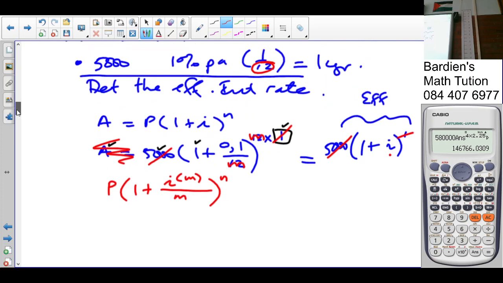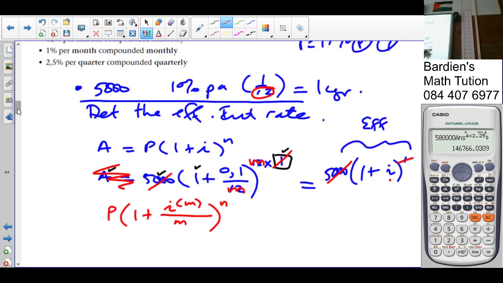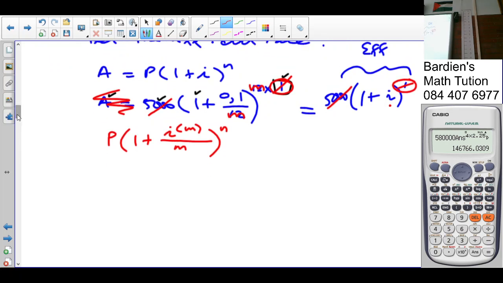What if it was for 2 years? That would have been 2 and 2. Can you see that? If it was for 8 years, that would have been 8 and 8. So if I take the 8th root both sides, they cancel each other. If it was for 2 years, square root both sides, they cancel each other. So that doesn't have any bearing on my calculation. So what I'm doing is rewriting this in general terms.